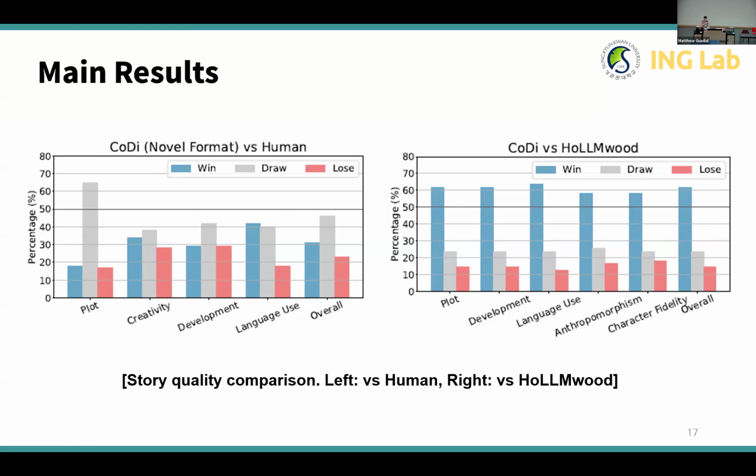Especially in the plot metric, we demonstrate a tie rate higher than 60%, which means it generated a comparable plot quality. And when we compare this to Hollywood, it consistently outperformed Hollywood.